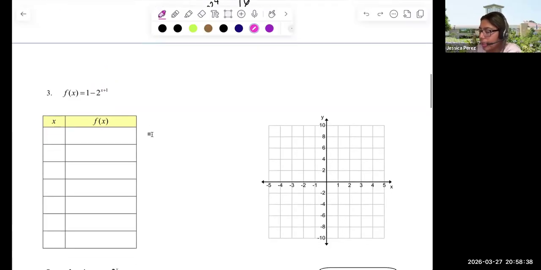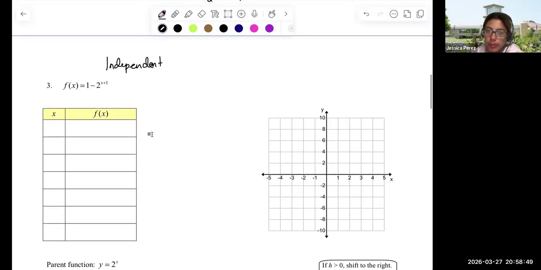So I'm going to be, again, choosing independent values for x. I'm going to pick -3, -2, -1, 0, 1, 2, and 3. That way I know what's going on at the left side and at the right side of my exponential function.